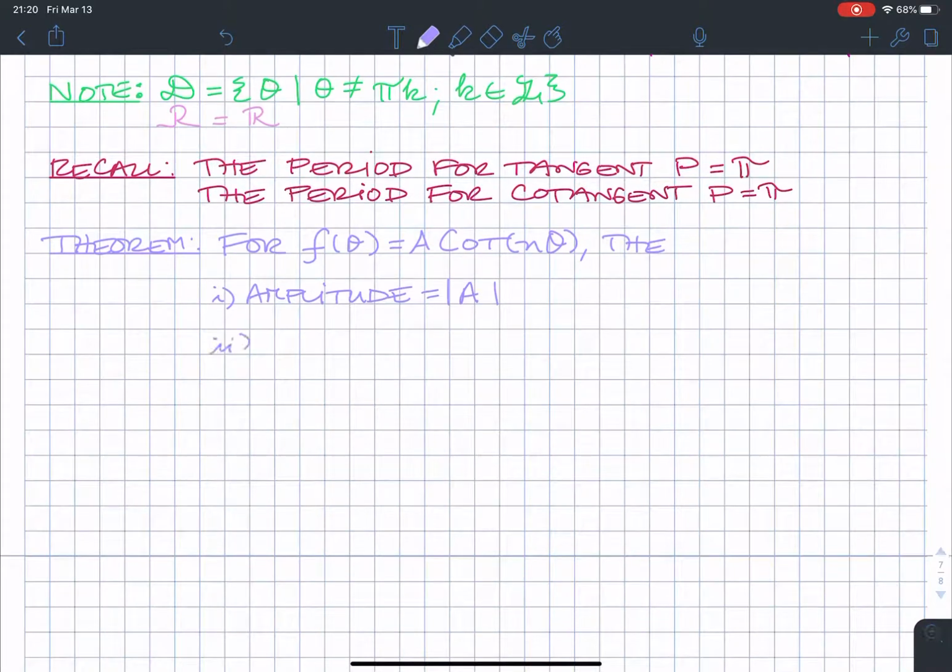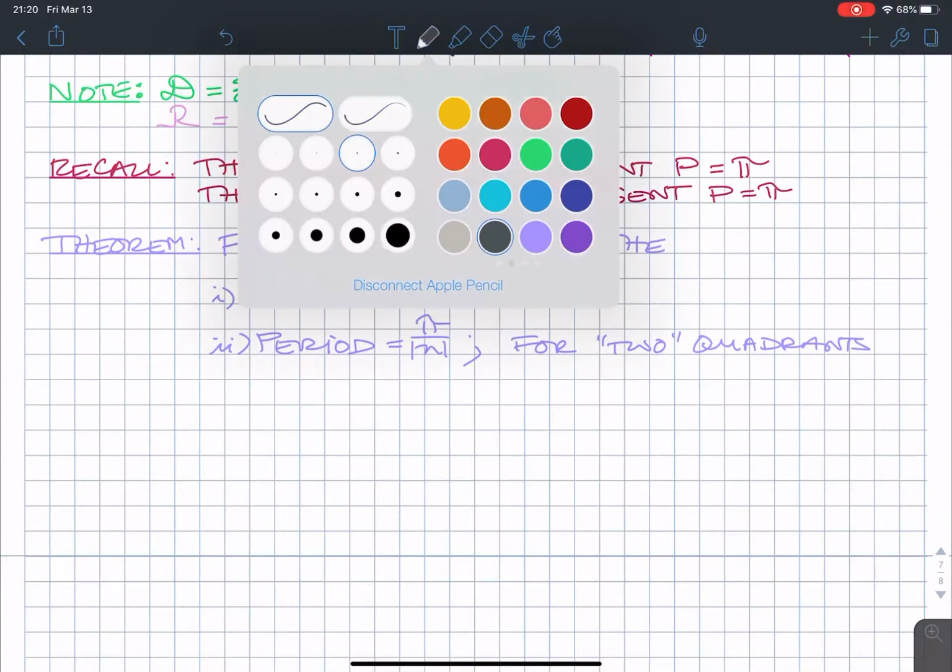And number 2, the period is going to be pi over the absolute value of n, and that, of course, is for 2 quadrants, or tick marks.